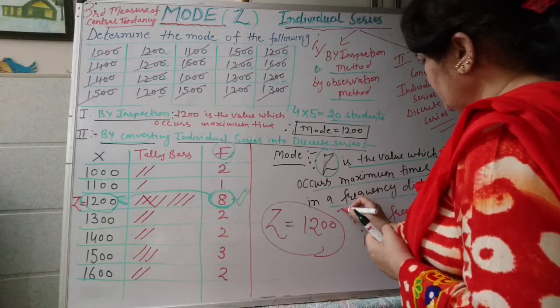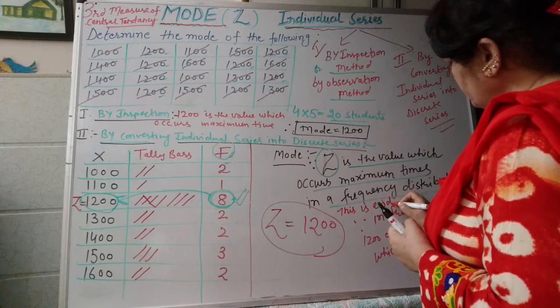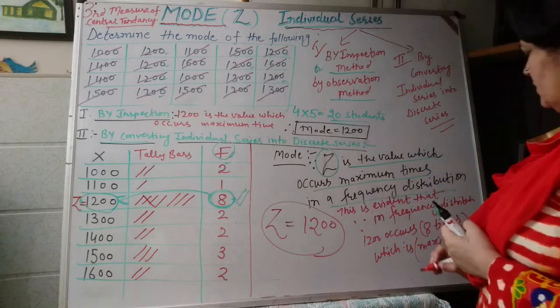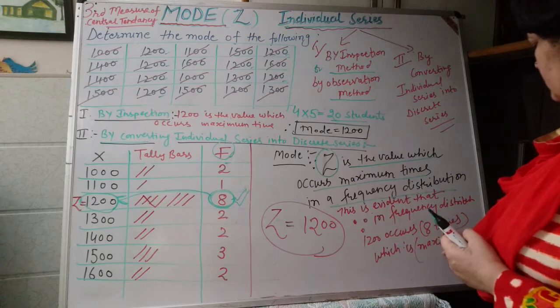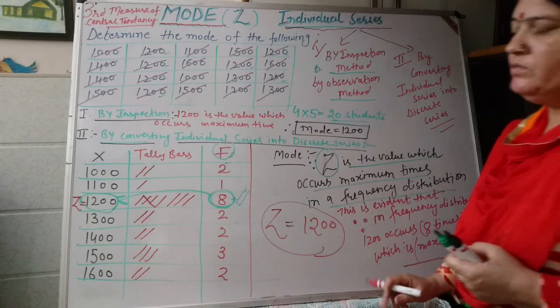So this is evident that this value occurs maximum times in the frequency distribution.